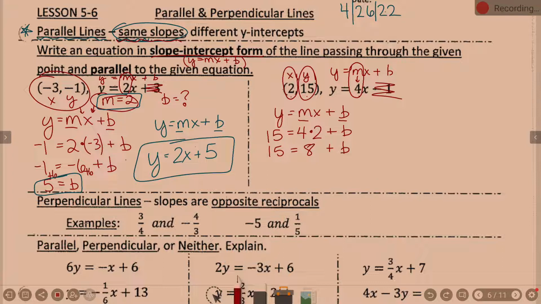So 15 equals 8 plus B. How do I get B by itself? This time it's subtracting because it's a positive 8. If I have 8 and I want to cancel it out, I have to take 8 away. So 15 minus 8 is 7. So right there we know B is 7.